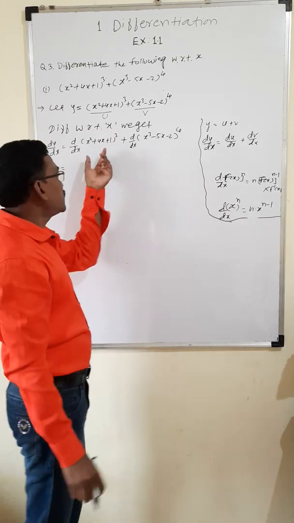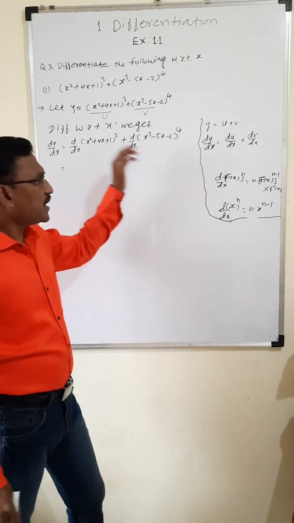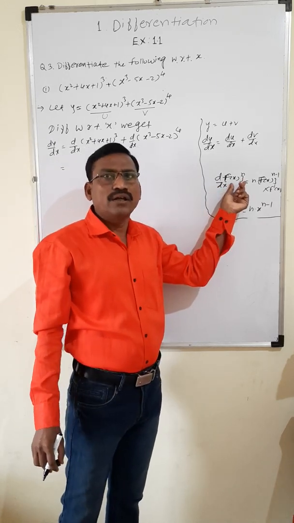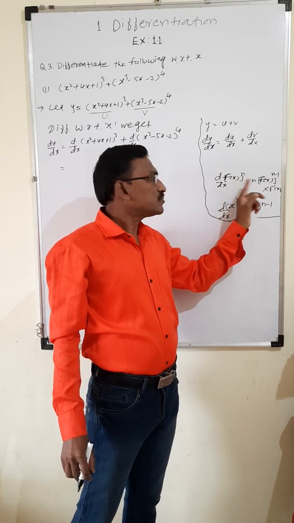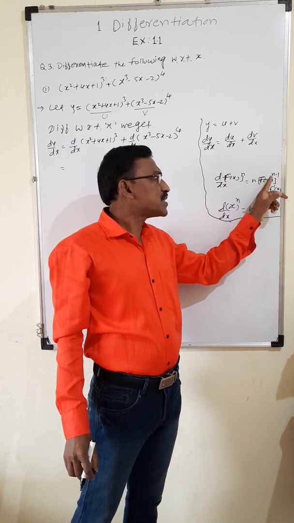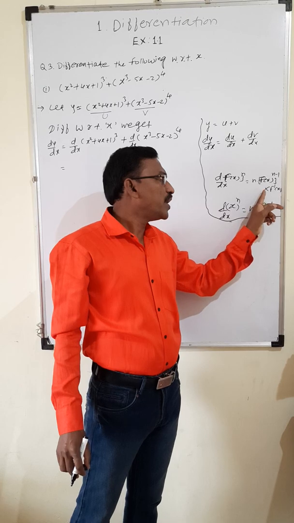Observe that this composite function is like f of x raised to n. We use this formula: its derivative is n into f of x raised to power n minus 1 into derivative of that function.